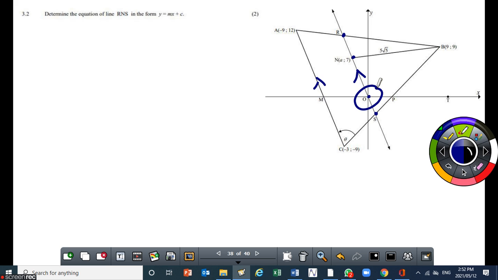Yes, 0. Listen, this equation of a straight line, y equal to mx plus c. If the line passes through the origin, what's the y-intercept? It's 0, because the straight line passes through the origin there. So this c here is equal to 0. Therefore, the equation must be of the form y equal to mx. So we know the gradient.